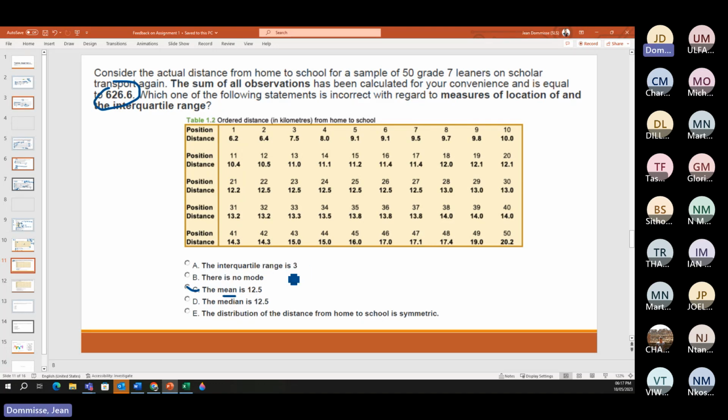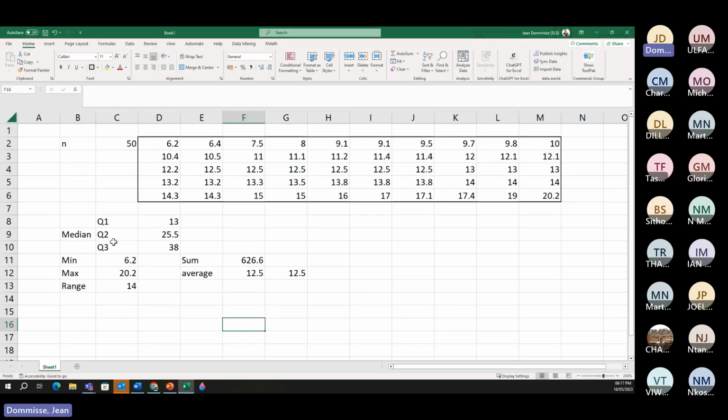The interquartile range. So luckily we had this. If we need to work out the interquartile range, we need to say Q3 minus Q1. So that is our interquartile range.